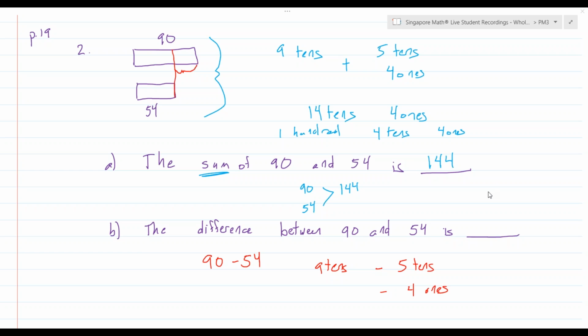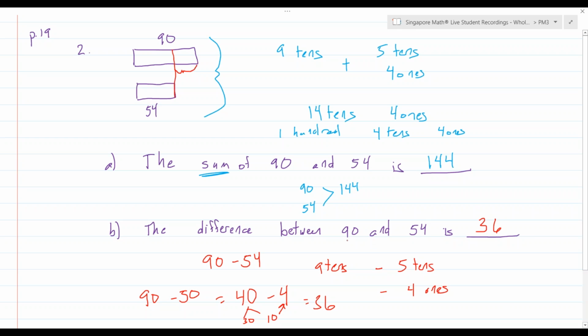We did that in primary 2, where we have 9 tens, take away 5 tens, that gives us 40. We still need to subtract 4, which is going to give us 36, because the 4 tens becomes 3 tens and a 10. 10 take away 4 is 6. 36 is the answer. The difference between 90 and 54 is 36.